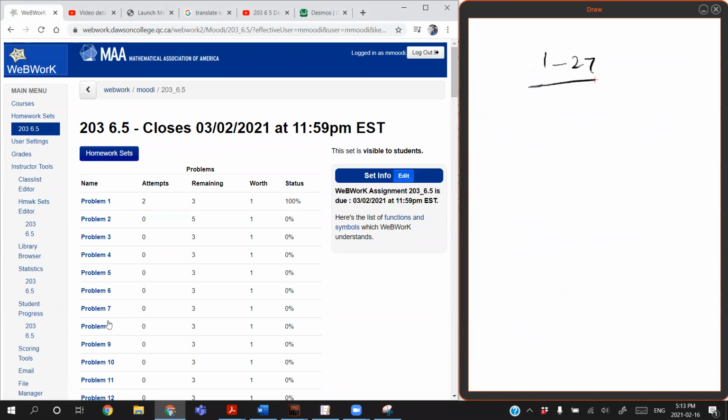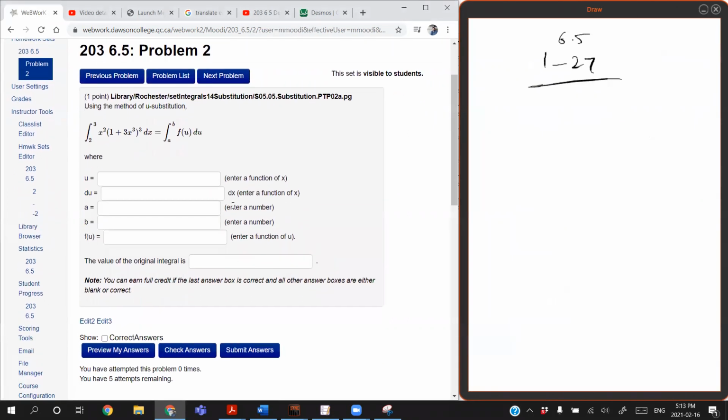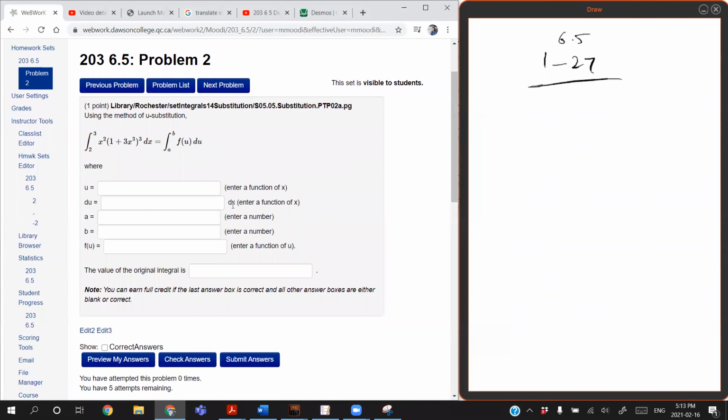I'm going to do one example for you, and then I will end the class, and you can work on these exercises from 1 to 27. At the beginning of the next class, you can ask me your questions.